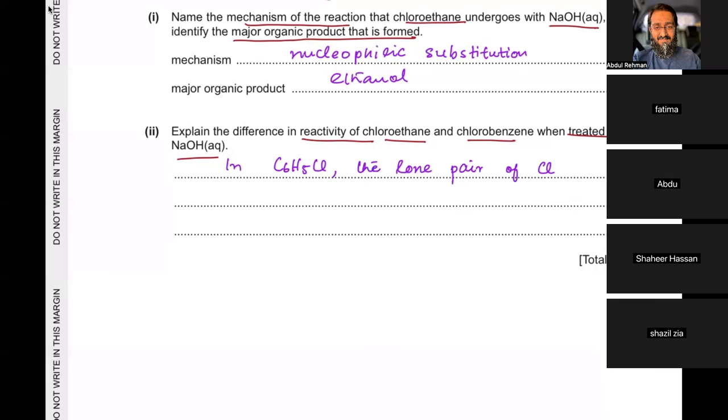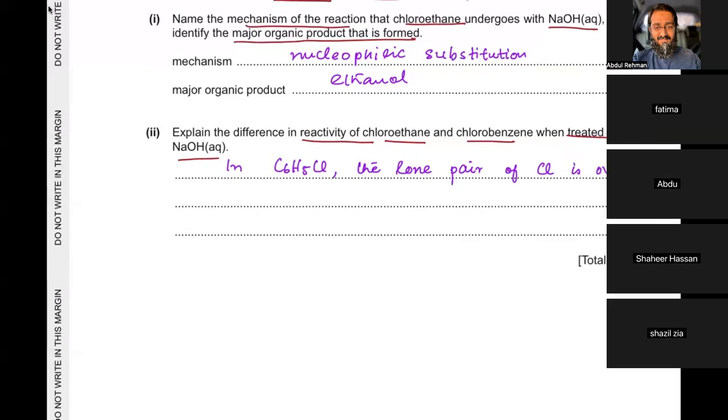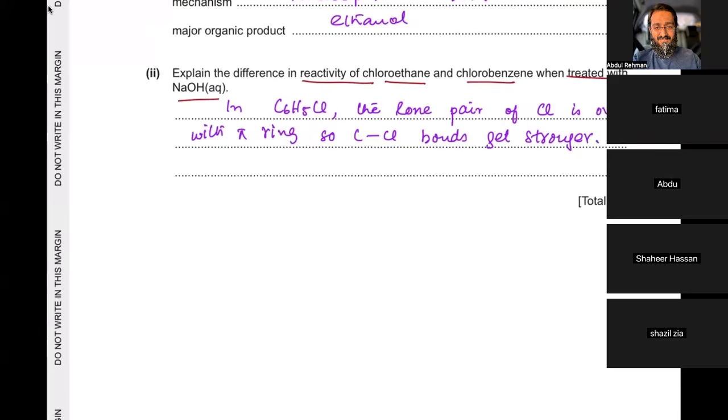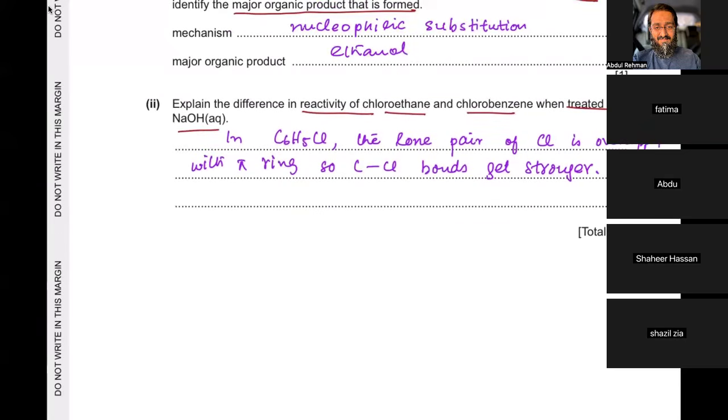In chlorobenzene, the lone pair of chlorine is overlapped with the pi ring. So the carbon-chlorine bond gets stronger. So that's why it does not react. Is this clear to all of you? Yes, Shazil, what do you want to say? I don't understand.